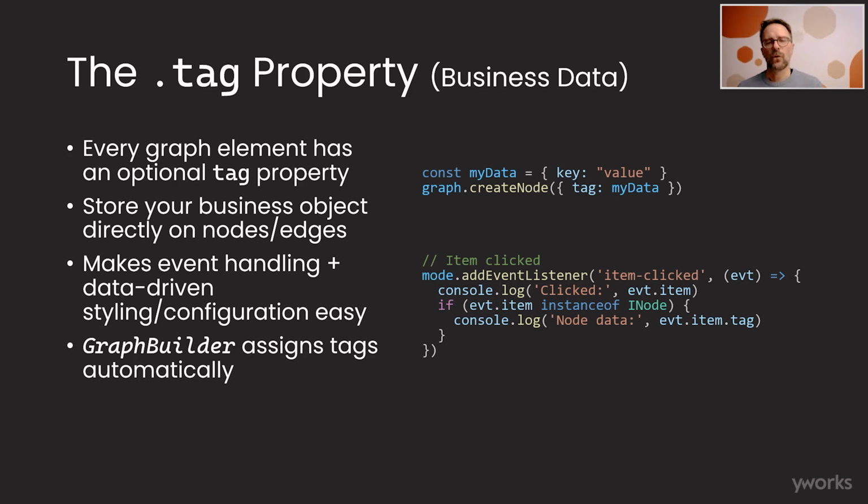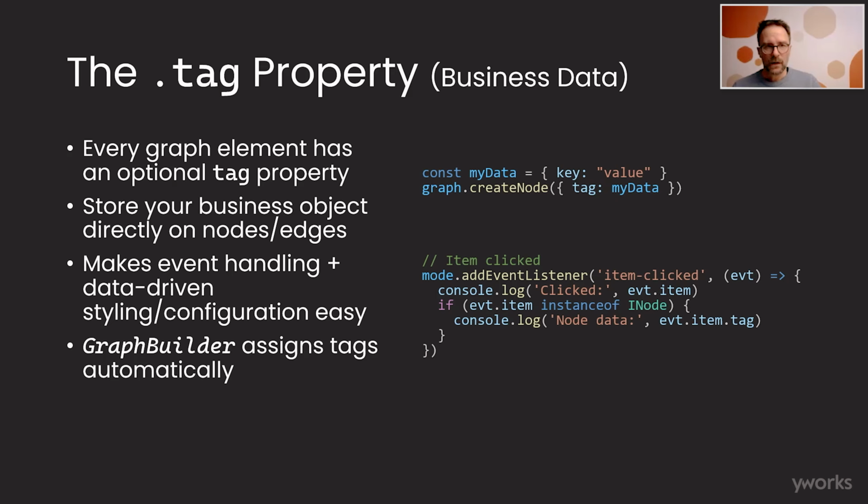You can use it to store the business object that is associated with the given diagram element, if any. For example, if your data describes a set of persons, and you have something like a person object in your application already, you would probably put that person object on the node that represents that person.